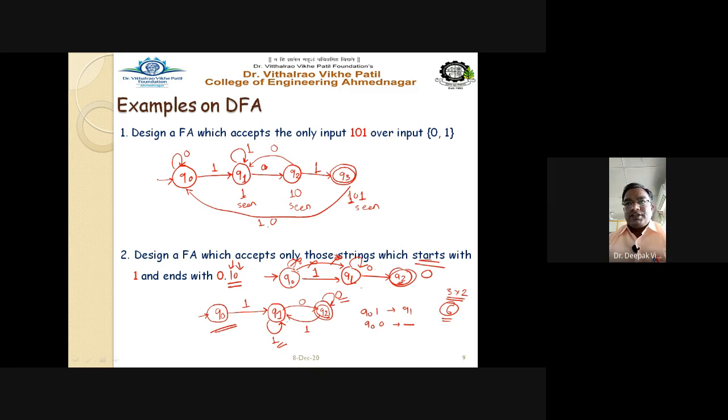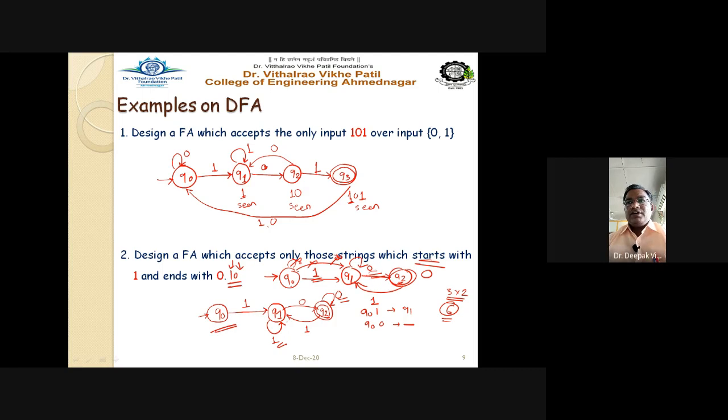But if 1 is there, I have to mark the transition to Q1. If I read the string, the sequence 1 and 0 must not get disturbed. Getting this point or not?